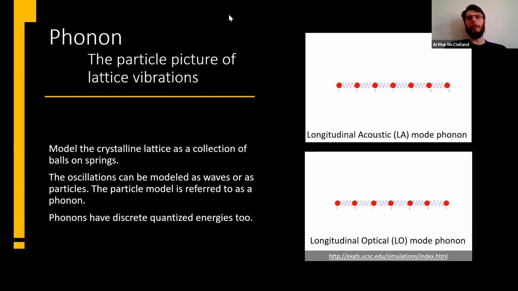If we think of these red dots as the atomic cores and the bonds we're going to model very classically as springs, we can have different vibrations in between them, and they'll have certain resonant frequencies. And these resonant frequencies are going to end up giving us discrete quantized energies.